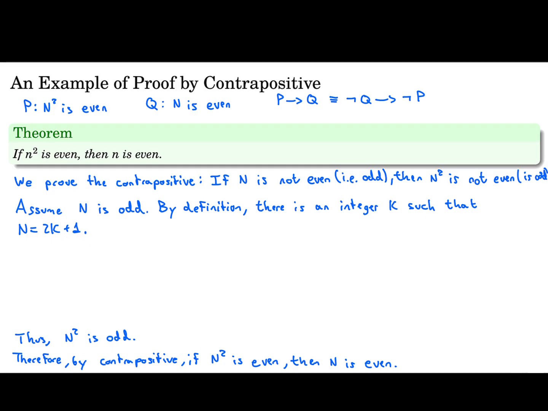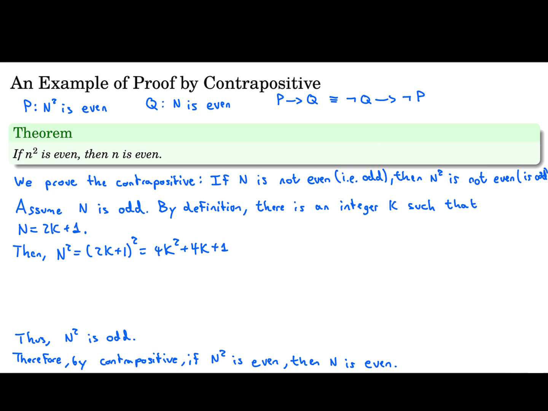And the next thing is we want to look at n squared. So n squared will be (2k plus 1) squared, and if you do the algebra, this will give you 4k squared plus 4k plus 1. And the idea here, so what does it mean that n squared is odd?